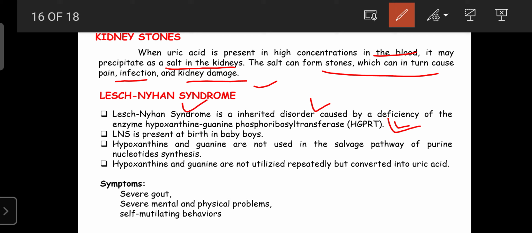It is present at birth in baby boys. Once again, it is present in boys, not in girls. Hypoxanthine and guanine are not used in the salvage pathway for purine nucleotide synthesis. That is another reason for the cause of LNS.